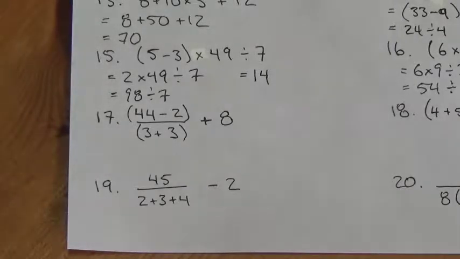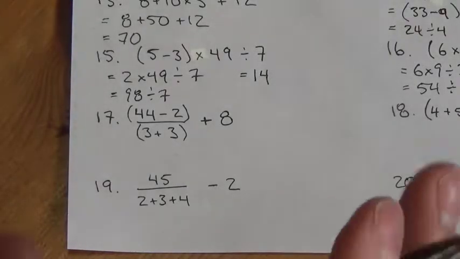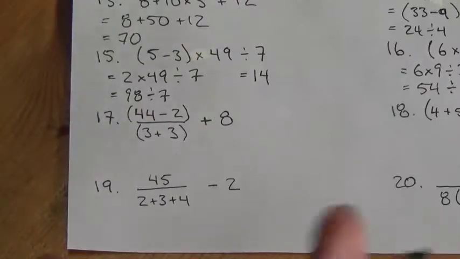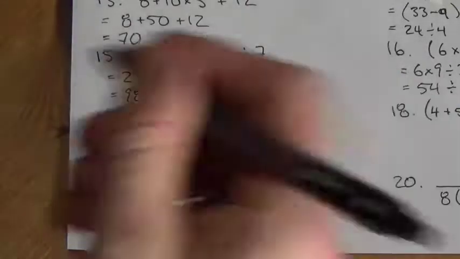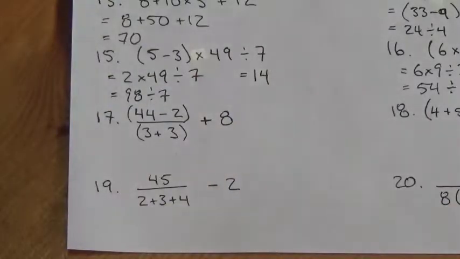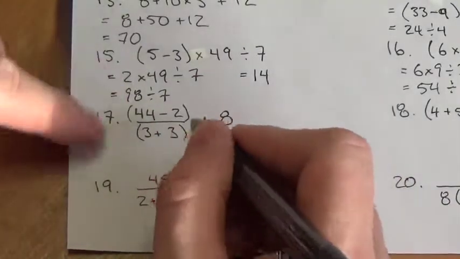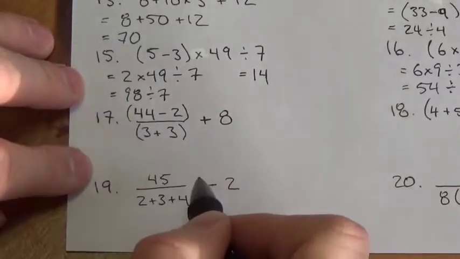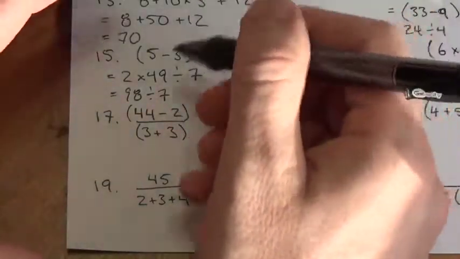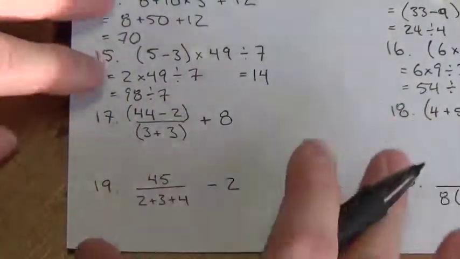If they see an operation they could possibly do, or a connection between the numerator and denominator, they immediately assume they can just divide right away. But you have to do what's inside first. You've got to do the operation up in the numerator, and the operation down in the denominator, before you can do that division.